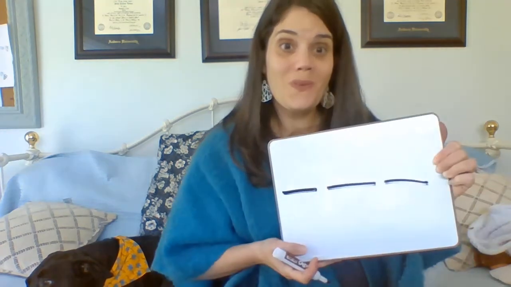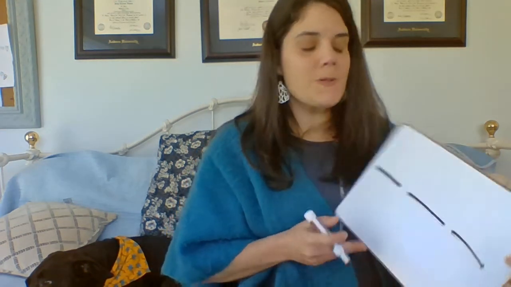How many? 3. You got it. So how many lines am I going to draw? 3. Fantastic. Great job. I have 3 syllables. The next thing I think I'll do is I'll count my sounds. We're going to come back and we're going to write letters for our sounds second. Okay, let's just count sounds first.